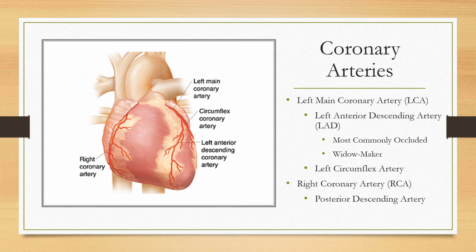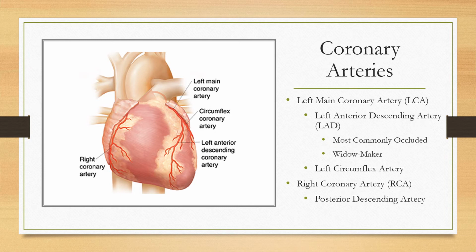And when that gets blocked, it's a pretty big deal. Some people don't survive a complete occlusion of the left anterior descending artery or the left coronary artery for that matter, because it's feeding the left ventricle. And if the left ventricle dies, well, the pumping is not good.